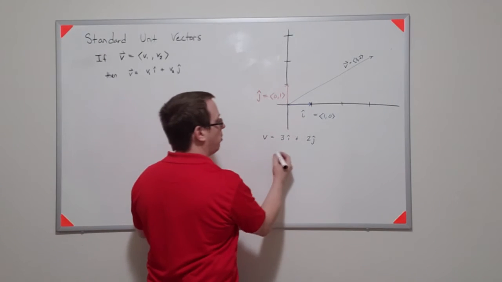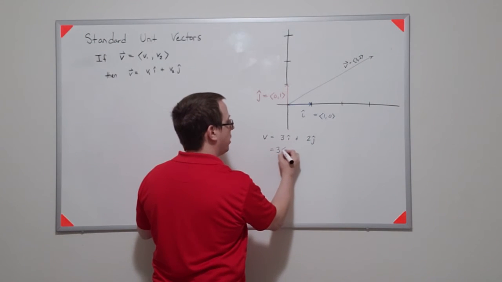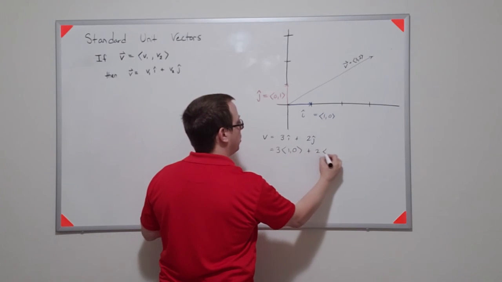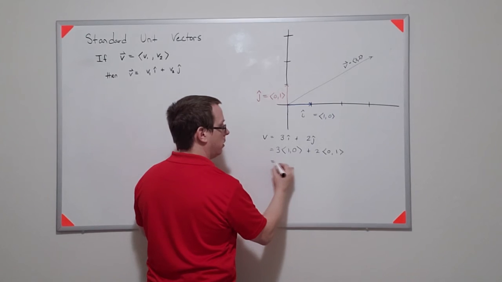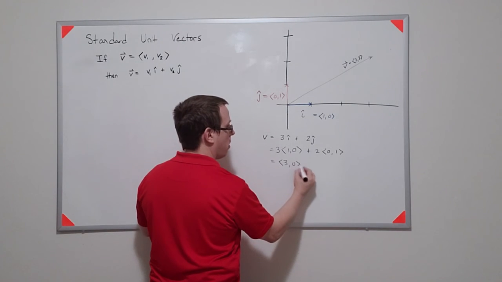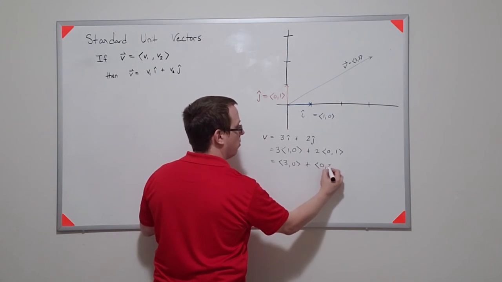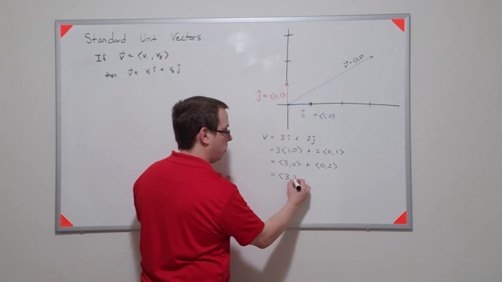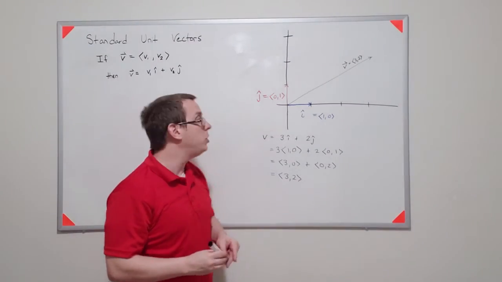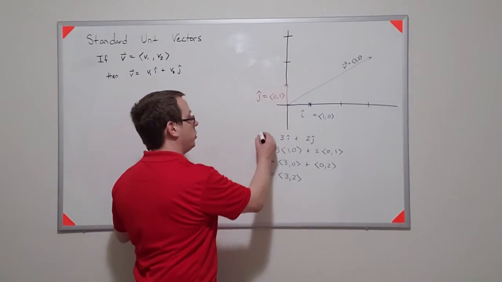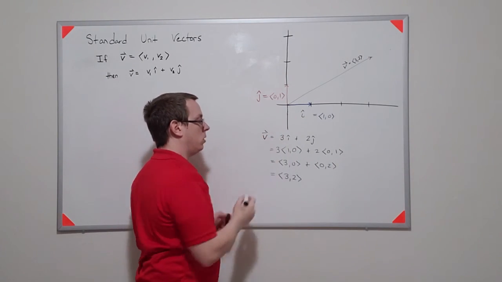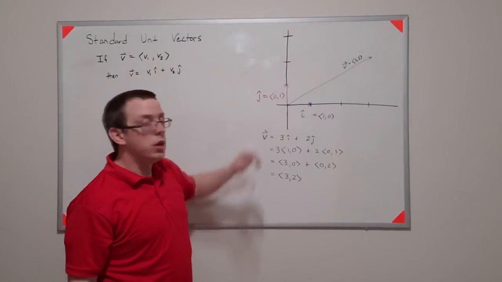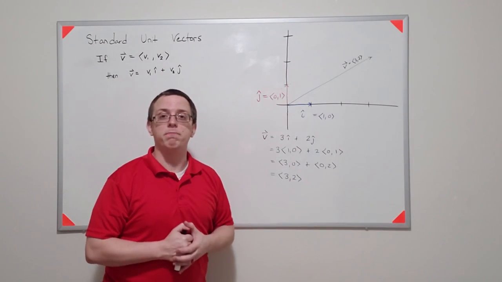Well, if we use the scalar multiples here, that's 3 times 1, 0 plus 2 times 0, 1, which is 3, 0 plus 0, 2, which gives us 3, 2, which is our original definition of v. So this is just another convenient way to do that, and we're going to do an example to kind of put this all together.